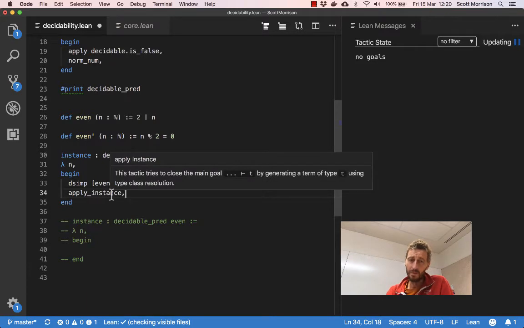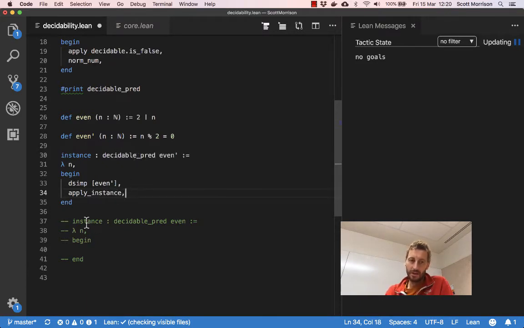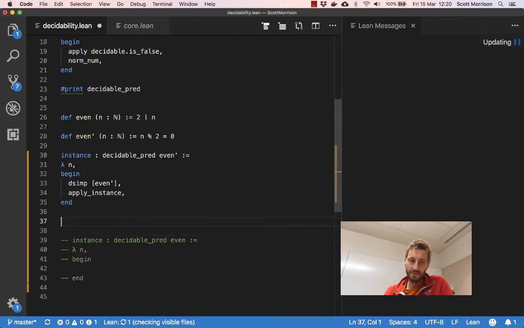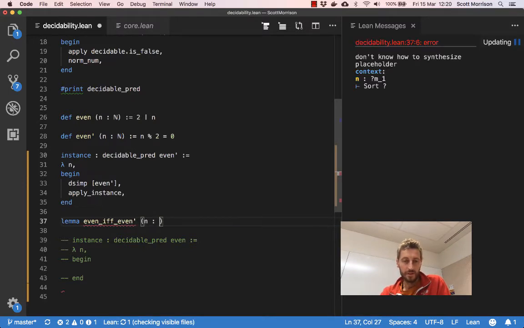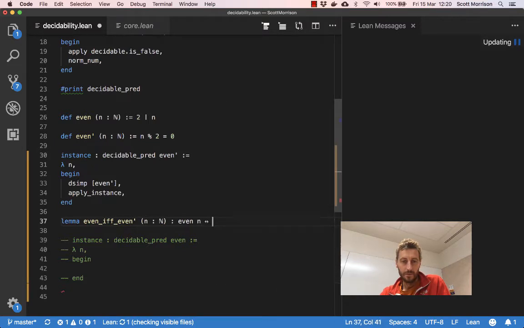So in a moment, maybe we'll look at what apply instance was actually doing, but let's just imagine for a moment that we had that. So we've got the decidability of even prime, and maybe we've got a lemma, even if and only if even prime, which says that for every natural number, those are the same.